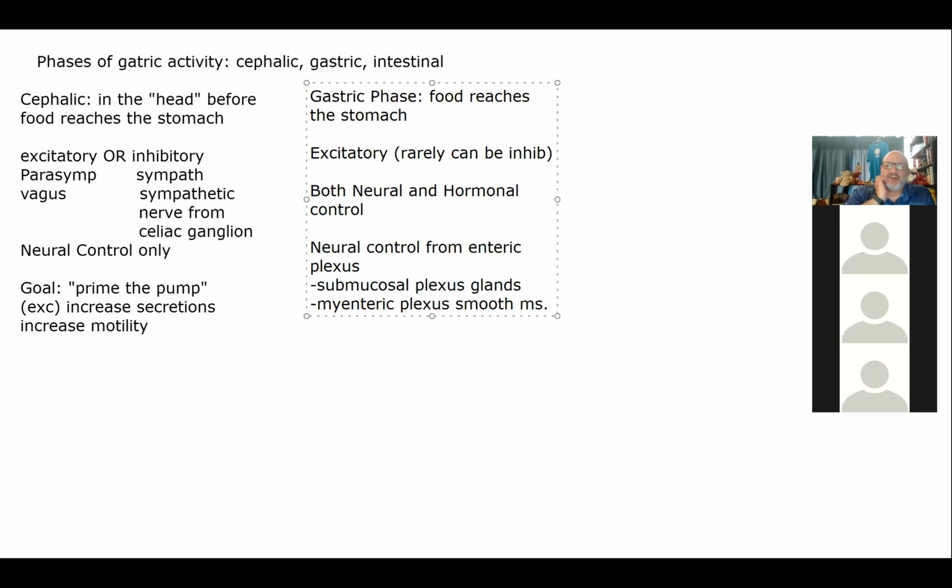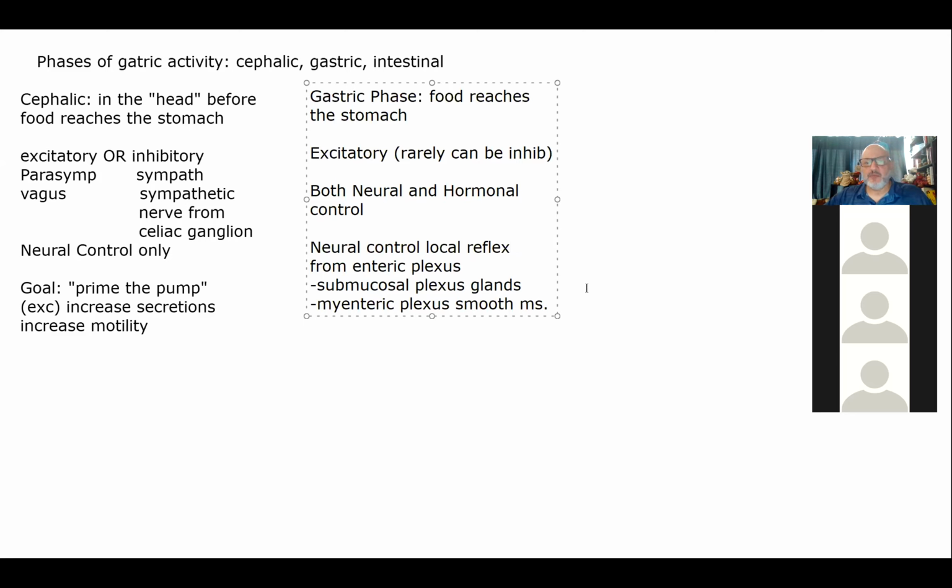We're kind of getting into a different essay question by getting bogged down in this enteric plexus. But the point is, the neural control is going to primarily be a local reflex using that enteric plexus.